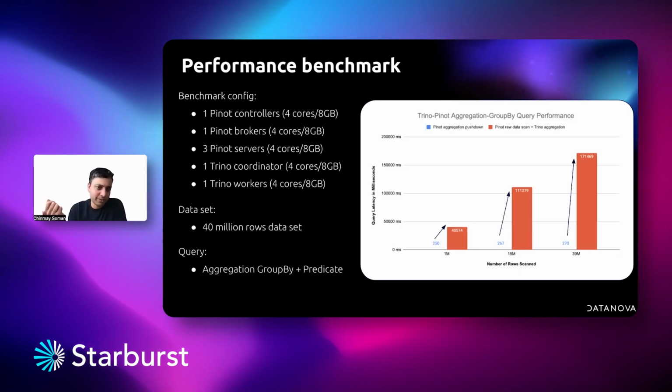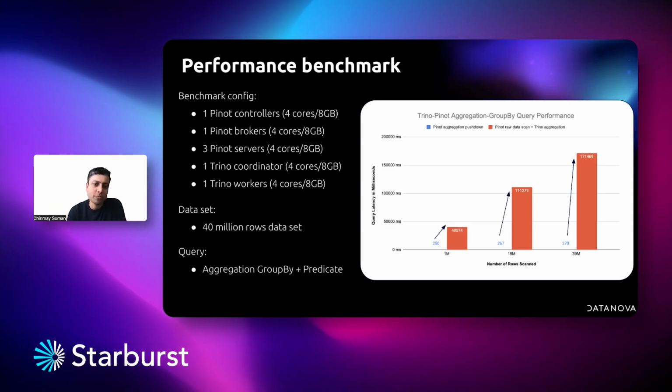So with this combination, we're still sending a Trino query, but as you can see, there's multiple orders of magnitude query latency difference between the two techniques, which is what gives you both flexibility and query latency.